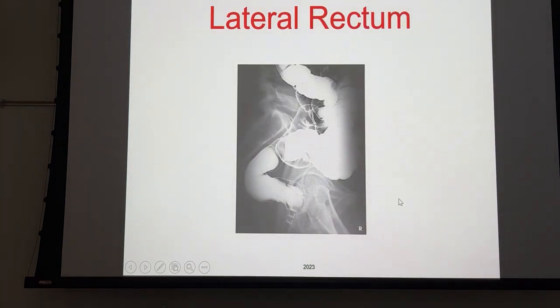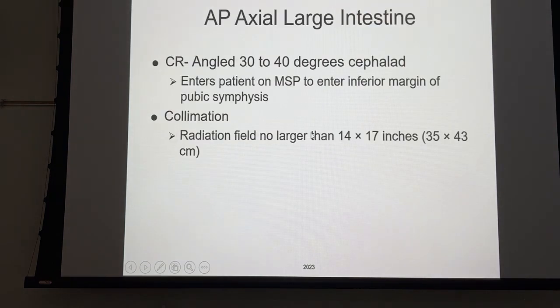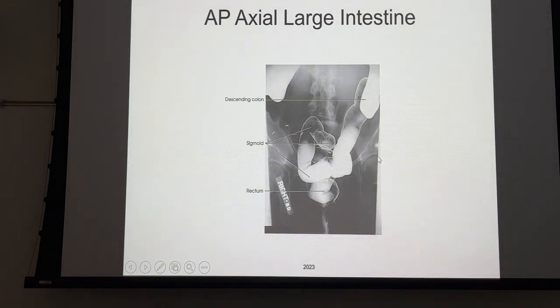All right, so lateral rectum, again, they may ask for cross-table lateral with the enema tip deflated and out. And that's a registry testable question. They're looking for pathology in the retrorectal space. Okay, so just file that away. You may see it on the registry. Okay, so PA axial, again, just a big jumbled mess down there.